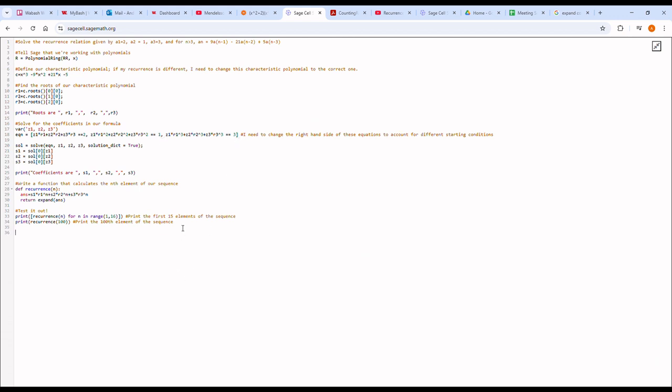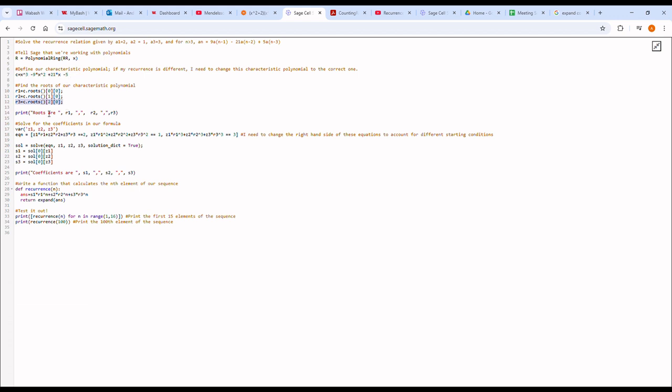Now, we could also have an order 4 linear recurrence instead of an order 3. If we did that, I'm not going to go through all the details. That's going to be what I let you do in the 4th hour activity. But let me tell you the gist of what you need to do. Obviously, your characteristic polynomial will need to change.